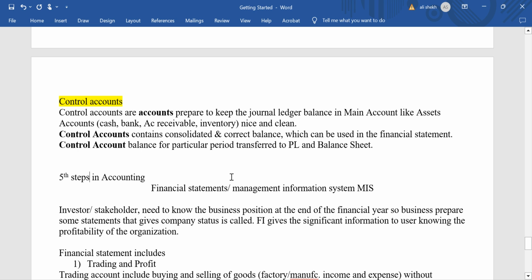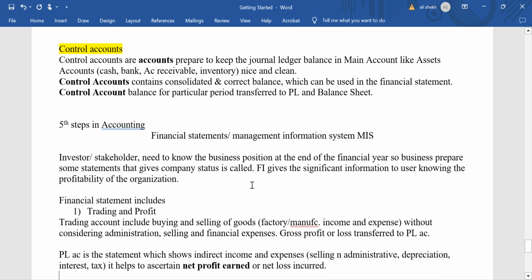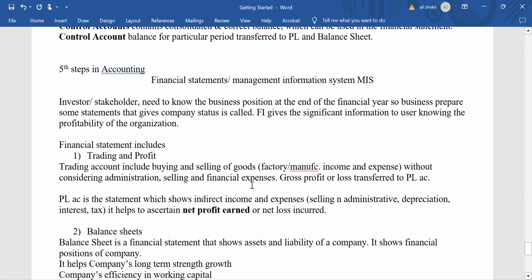Preparing the MIS report, the financial reports, management information system: trading account, profit and loss account, balance sheet.